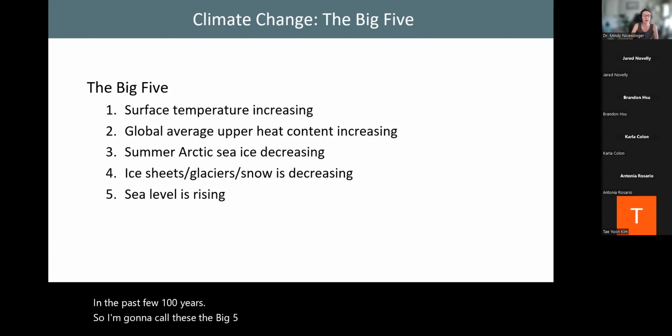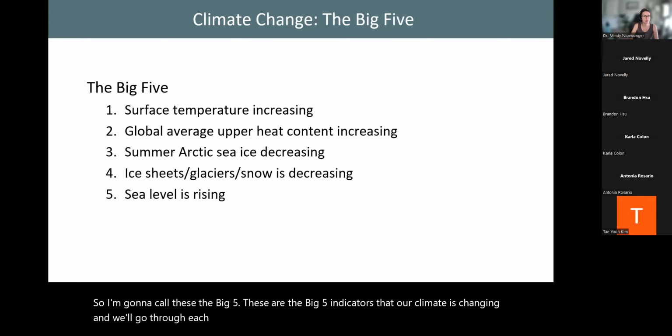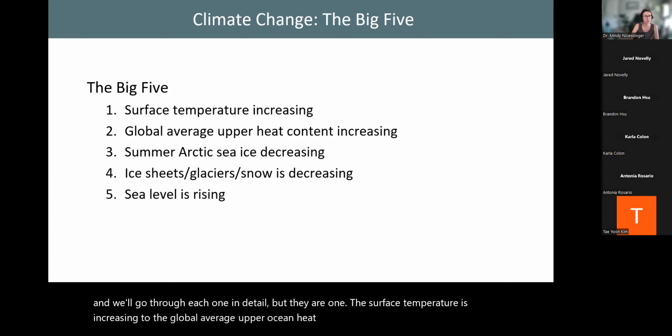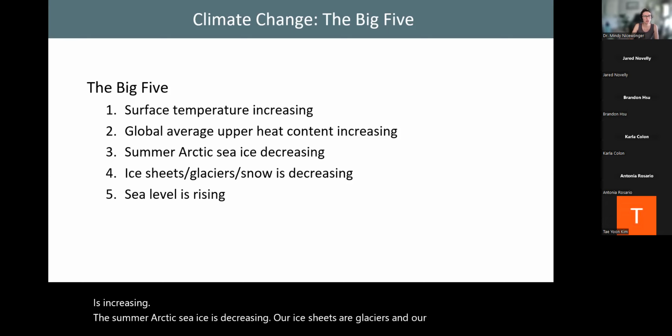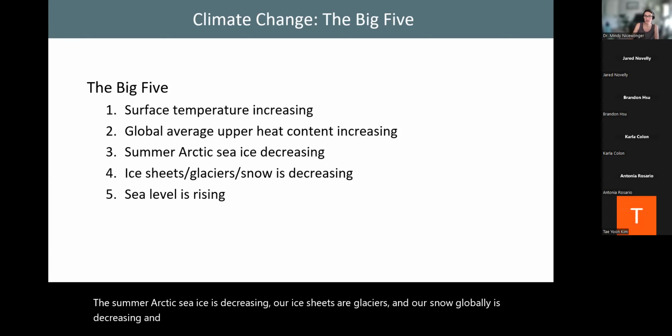These are the big five indicators that our climate is changing. We'll go through each one in detail, but they are: 1, the surface temperature is increasing. 2, the global average upper ocean heat content is increasing. 3, the summer Arctic sea ice is decreasing. 4, our ice sheets, our glaciers, and our snow globally are decreasing, and 5, our sea level is rising.